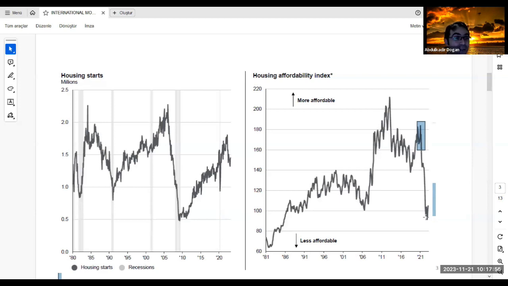We had lots of cheap money and enough liquidity with low mortgage rates, so people bought those homes. Today those houses are high and expensive, and people can afford them less.